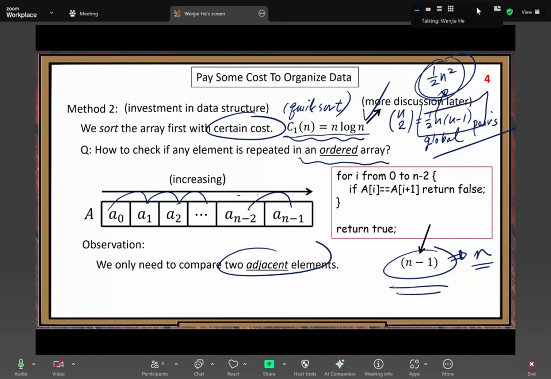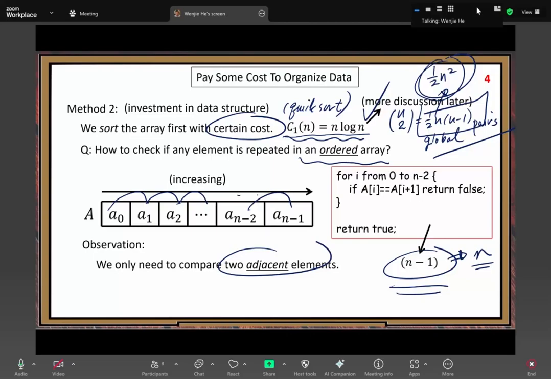It looks like our second method is much better, right? But don't make your conclusion that fast, because you spend a lot of cost in your preparation. You need to count that preparation cost.